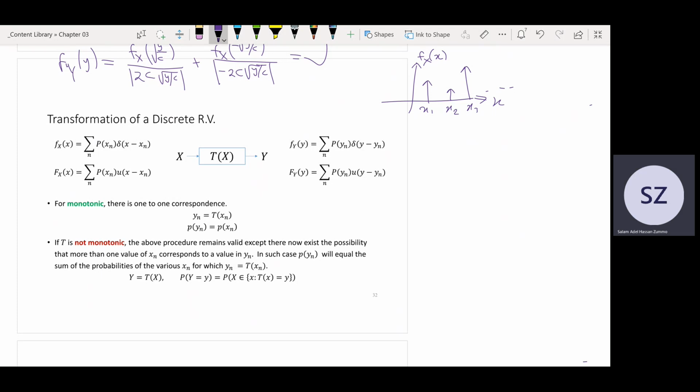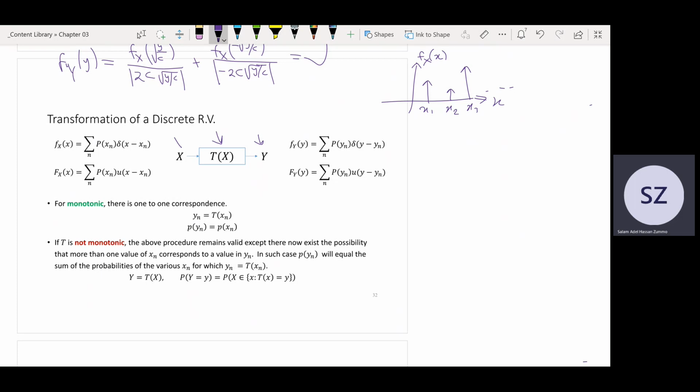Now, if x goes through this transformation and I get y, then whatever t of x is, when x is discrete, y will be discrete, right? So any discrete random variable will give you a discrete random variable.